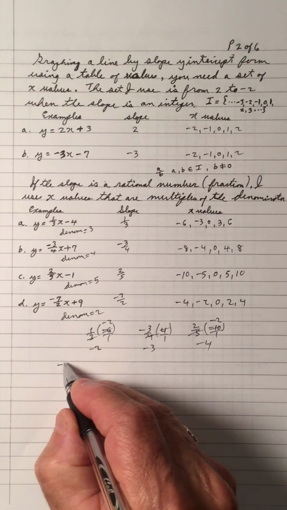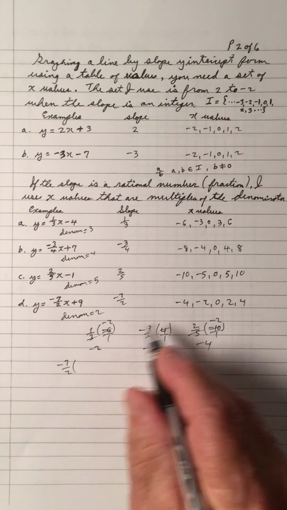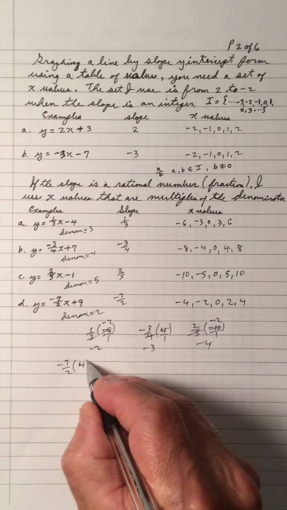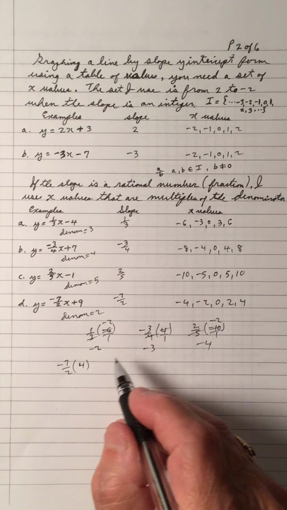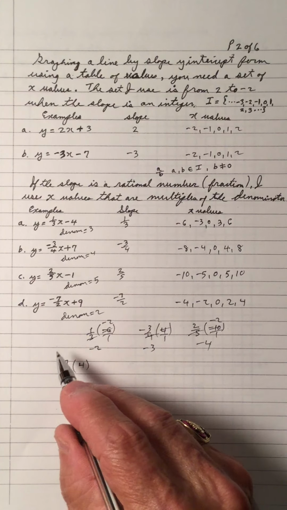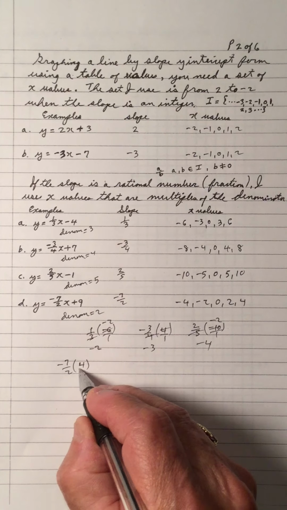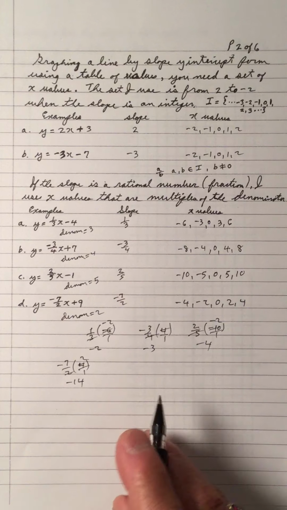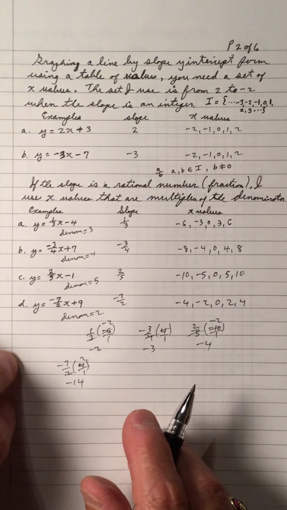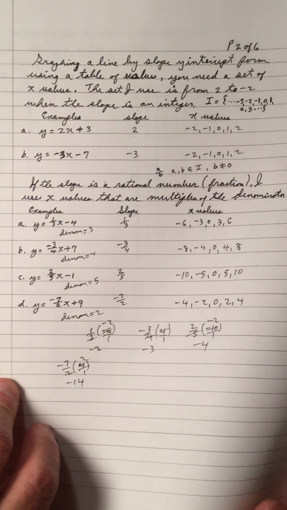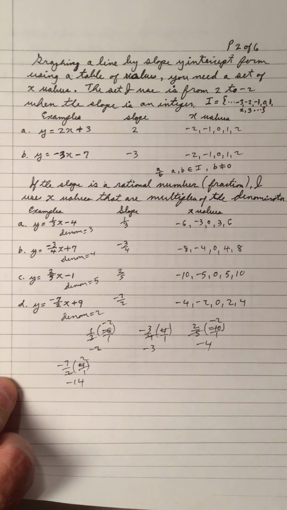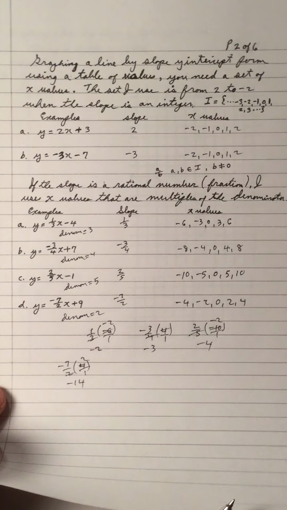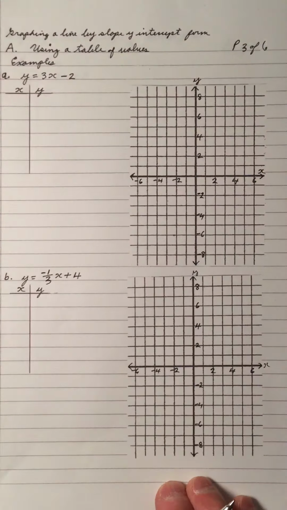And we have -7/2, so if I use multiples of 2, which is 4, 2, 0, -2, etc., the 2 cancels into the 4 twice, and I get a -14. So if you have a rational number, use multiples of that denominator, and your coordinates to graph will be good coordinates.